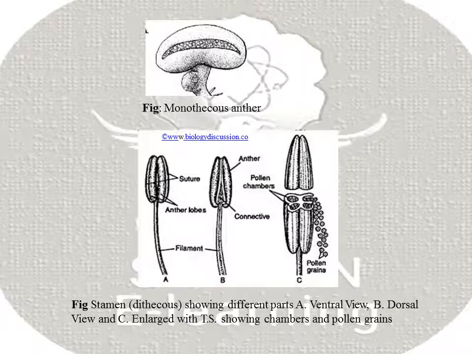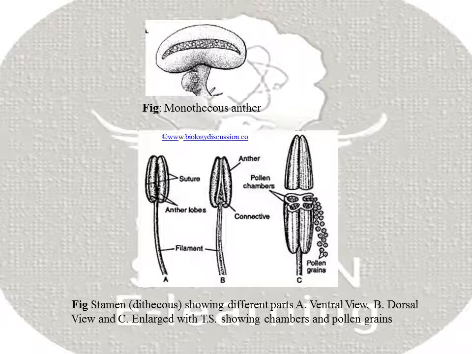Now, in the first figure, we observe a monothecous anther. Next, the second figure shows different parts of the stamen. In figure A, we can see filament, anther, lobes and structure.